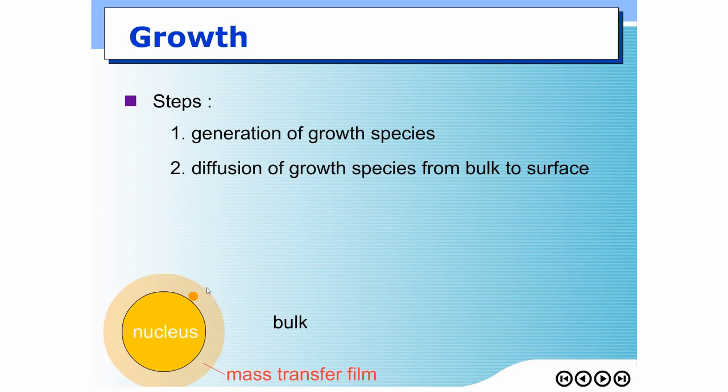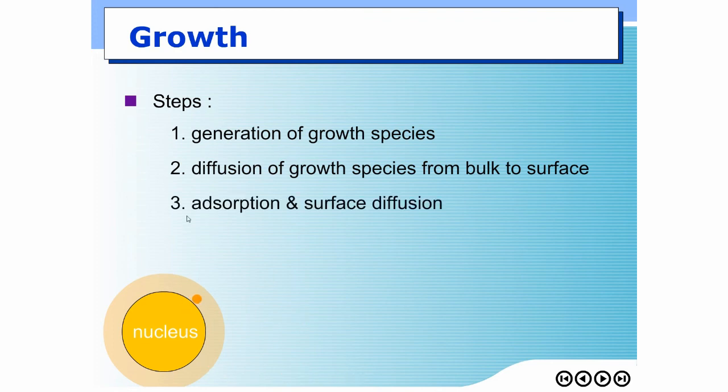Once the growth species diffuses through the film onto the surface, the landing of the growth species on the surface consists of 2 steps. First one is basically adsorption. It adsorbs on the surface. It's not part of the surface yet. Okay? It just lands on the surface. It can still walk around on the surface. Walking of this growth species is called surface diffusion.